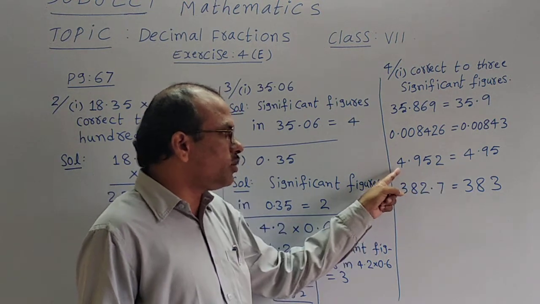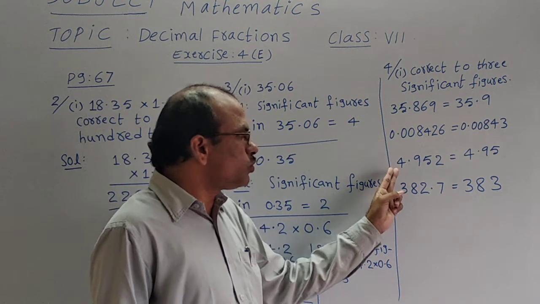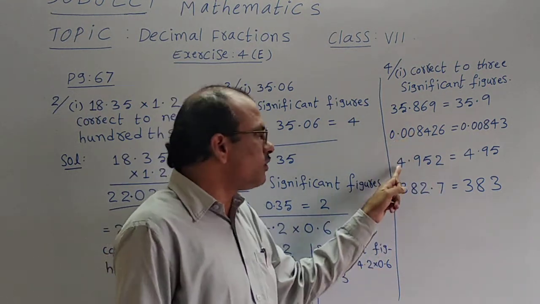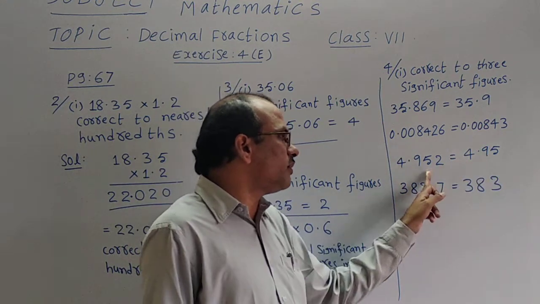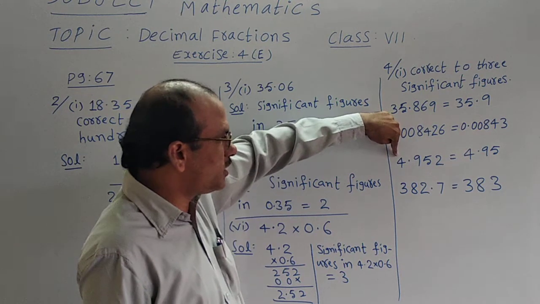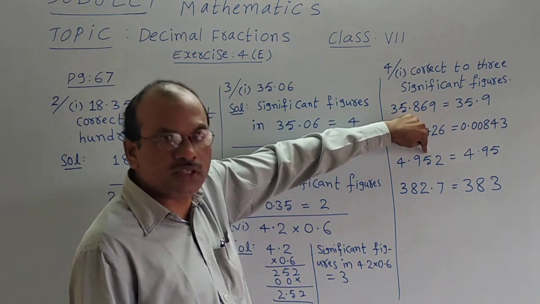4.952. Here every digit is valid, so we have to take only 3 digits here, not like the previous one. Then 4.95: first digit, second digit, third digit. Up to 5 only we must take.